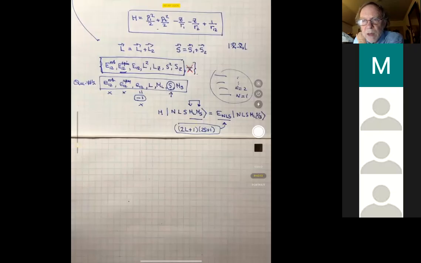This keeps the charge clouds far apart and reduces the Coulomb energy. So that's the basic mechanism for ferromagnets. This is a simpler version of it in the case of helium because we have only two electrons, but it's the same idea and the same mechanism. All right, so the energies do depend on the spin quantum number.